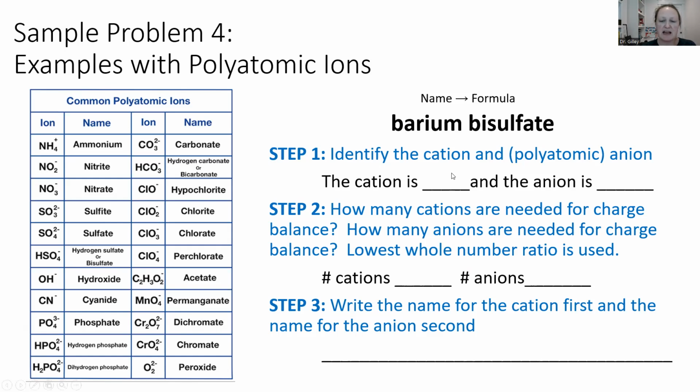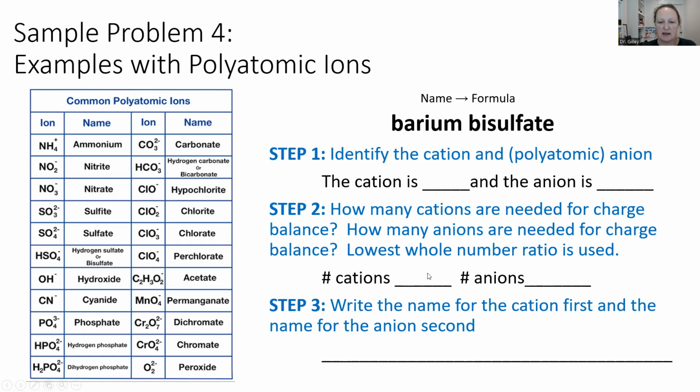Right, so identify the cation and the anion in terms of its formula and its charge. Based on that, because we're writing the formula and we are potentially going to need to include subscripts, we need to know how many cations are needed for charge balance, how many anions are needed for charge balance, right?